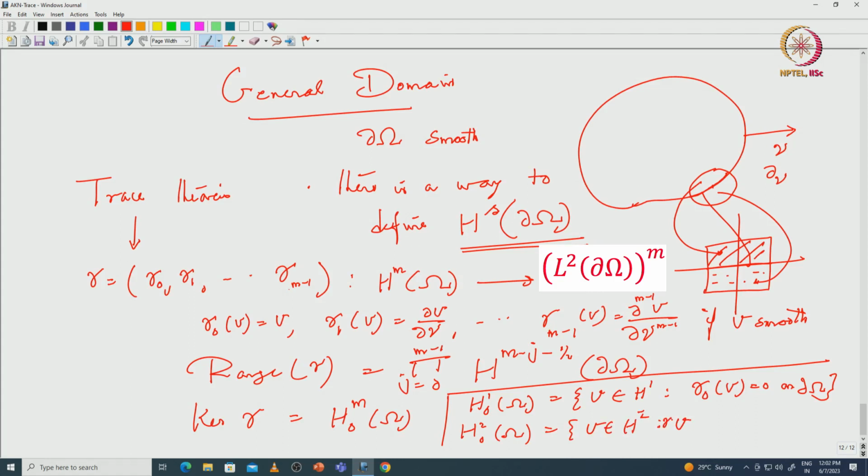That is, V equals 0 and ∂V/∂ν, in the sense of trace, equals 0 on ∂Ω. So H2_0 of Ω is the set of V in H2 such that both V and ∂V/∂ν are 0. With that you can have this.